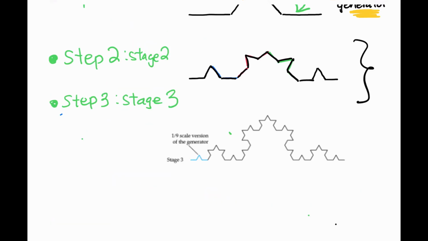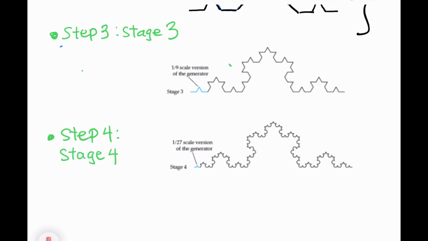But fortunately, our textbook has made a drawing for us, and this is what stage 3 would look like. And here's what stage 4 would look like, if we continued the process on this ever diminishing scale.